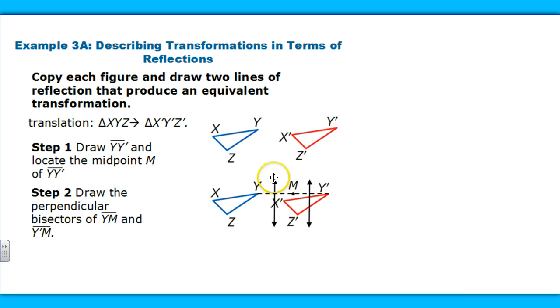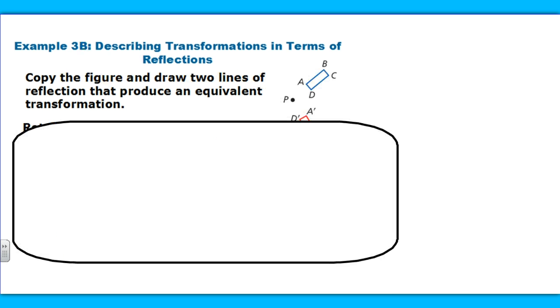What you don't see here is the first reflection of the blue triangle, and what you do see is the combination of two reflections, right? Pause the video and attempt to draw two lines of reflection that produce an equivalent transformation. Come back and check your work.